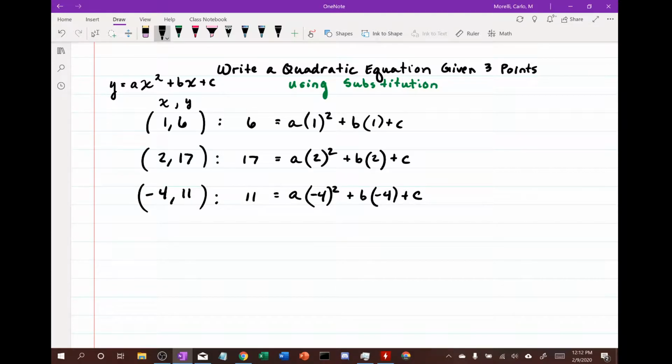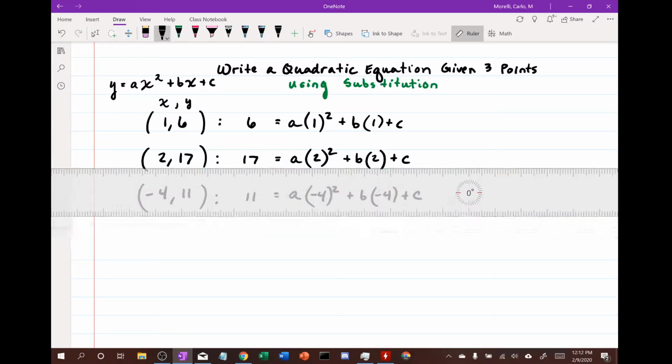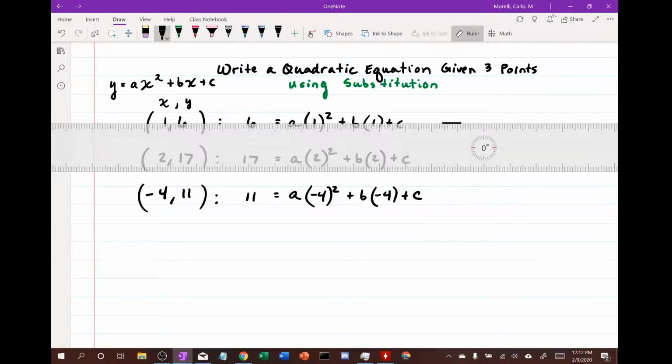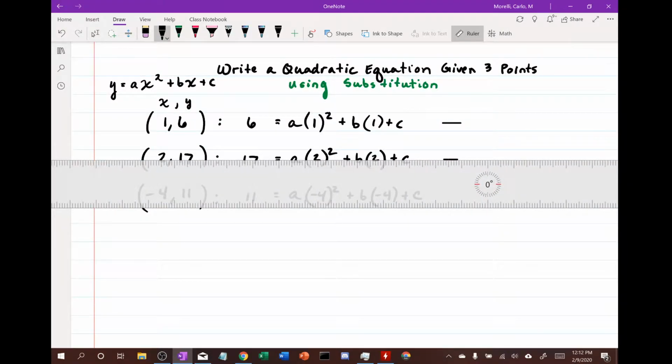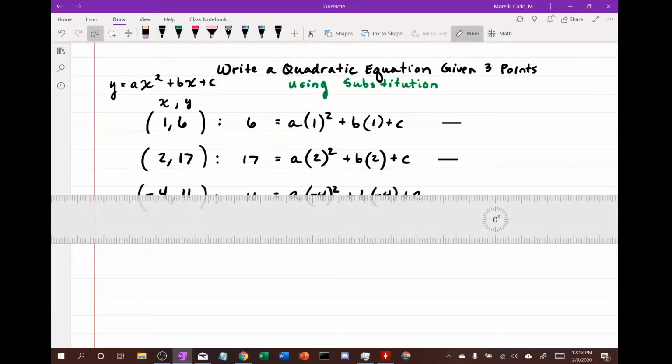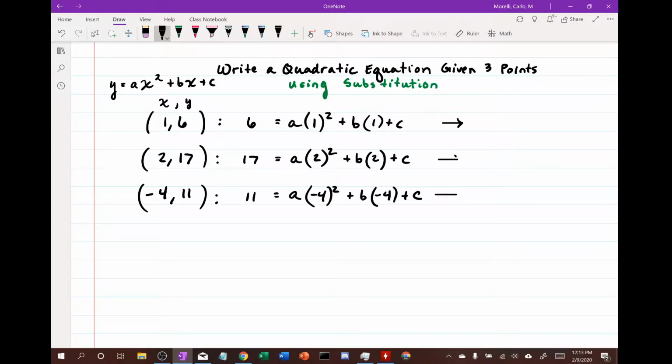And what we need to do is simplify each of these 3 equations so that they look cleaner and we can work with them. Okay? So we write 6 equals, and then a times 1 squared is just a, b times 1 is just plus b, and then plus c.